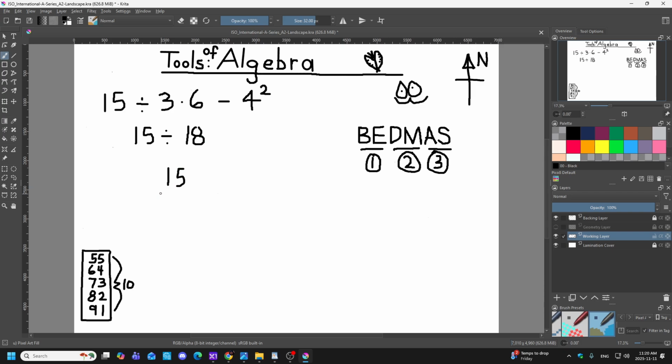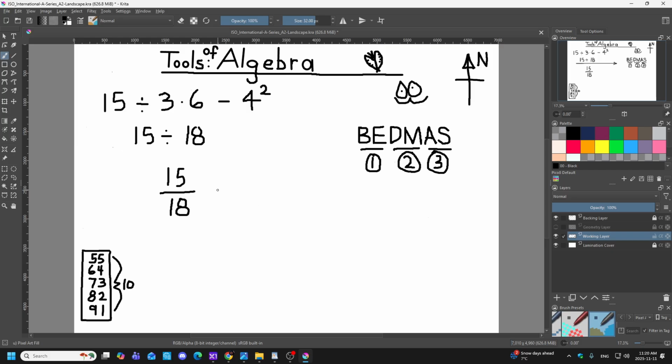Now, I occasionally say this: whenever you see a division, I tend to recommend that you solve your division problems not in a linear fashion. Linear means straight line, right? And turn it into a fraction form.